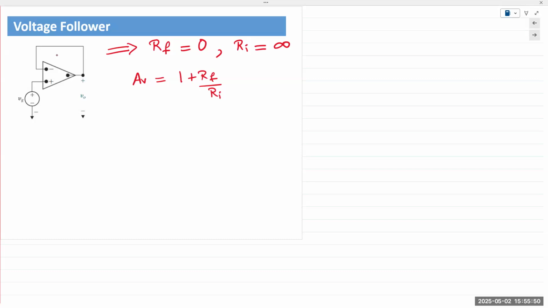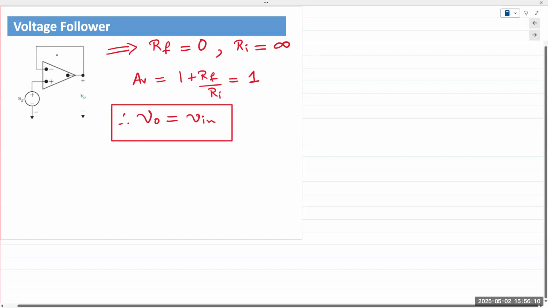So gain of this circuit is just 1. So output Vout is equal to Vin. And that's all there is to it.